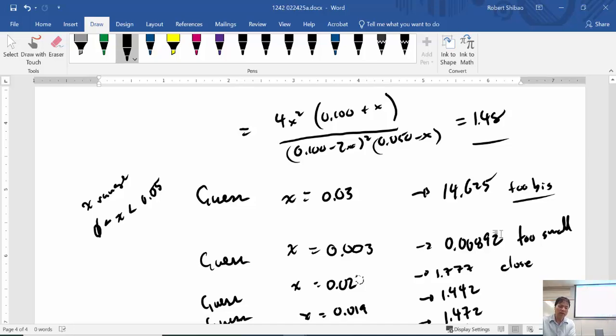So going back to the equation, 4 times 0.01913 squared, times 0.11913, divided by parentheses 0.1 minus 2 times 0.01913 close parentheses squared, divided by 0.05 minus 0.01913.